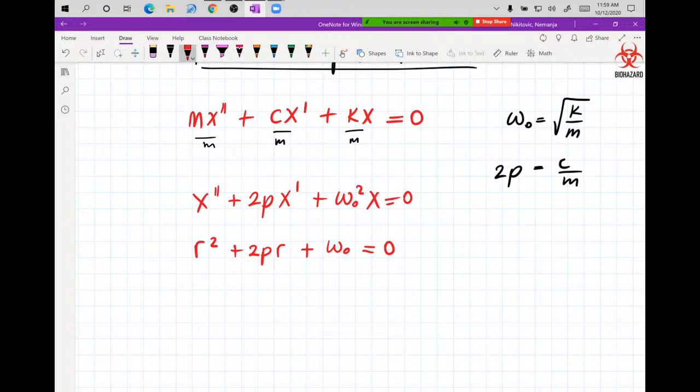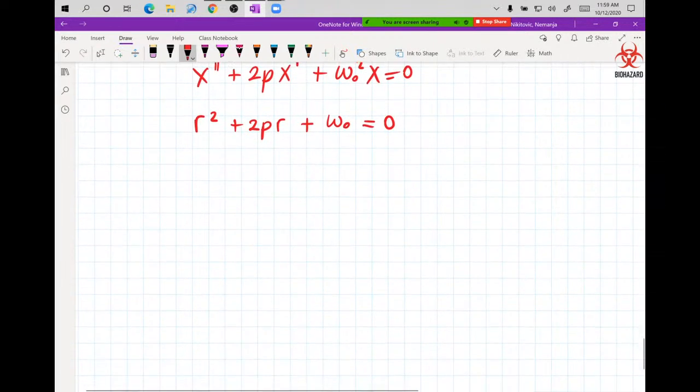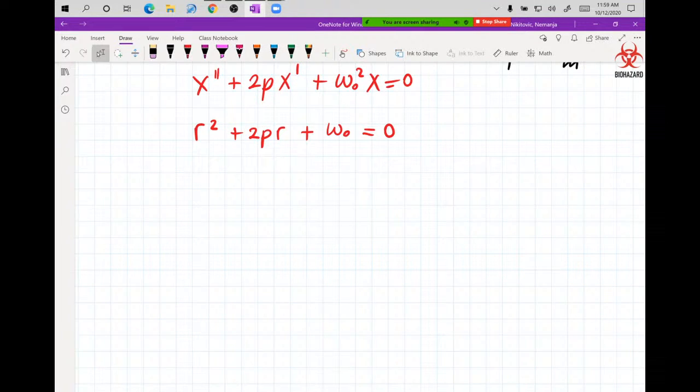You use the quadratic formula, negative b plus minus blah, blah, blah. The algebra should work very nicely for us in this case. So let's see where that equation takes us when we use the quadratic formula.